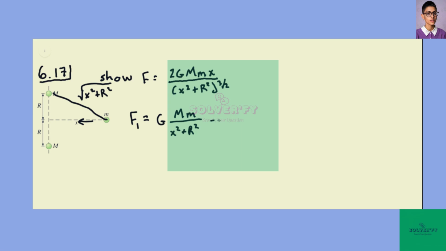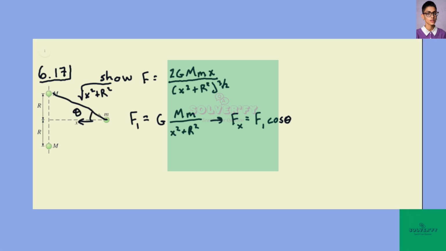Now we want the x component of this, because the y component from either big mass is going to cancel out. And so to do that, we just have the cosine of theta multiplying that, where here's theta.